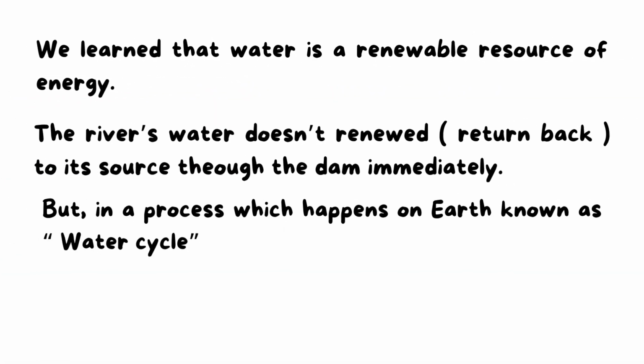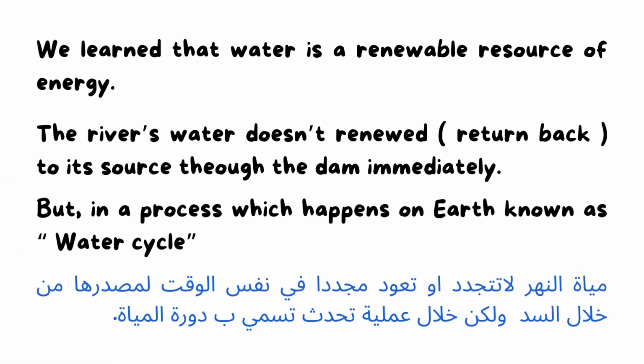Here we have the last part in our lesson, as we learned that water is a renewable resource of energy that can be renewed or replaced. But the question here: is the river's water renewed immediately in its source through the dam? The answer is no, because the river's water doesn't return back to its source through the dam immediately.